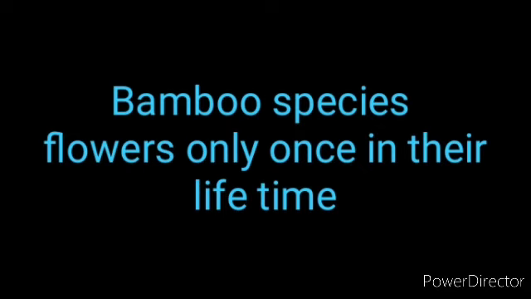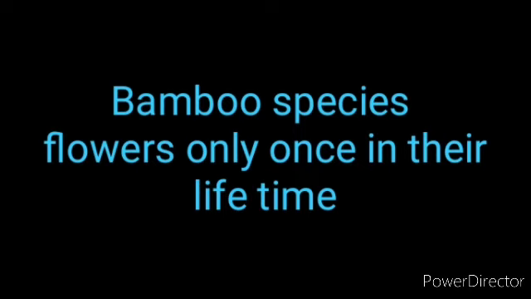And some plants show an unusual flowering phenomenon. We can give the example of bamboo species. They flower only once in their lifetime, generally after 50 to 100 years, produce a large number of fruits, and the plant will die.